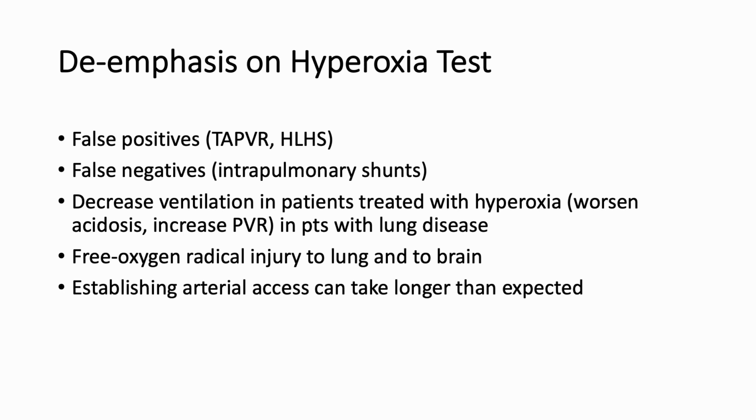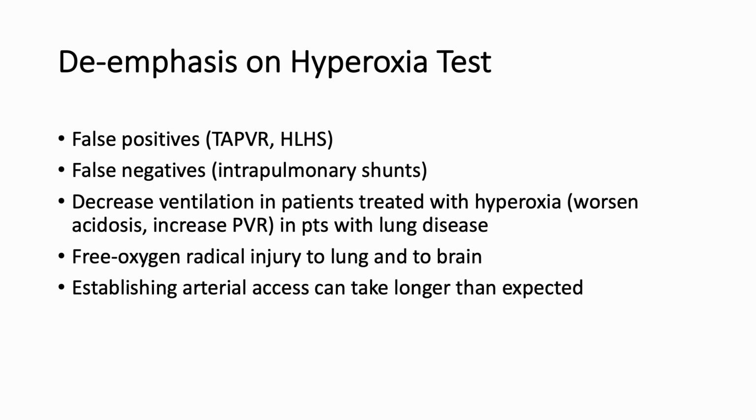When we initially presented these slides a few years ago, we got feedback from some of our neonatologists that overall there has been a de-emphasis on the hyperoxia test. There's a case for false positives due to TAPVR, total anomalous pulmonary venous return, and HLHS, hypoplastic left heart syndrome. There could be false negatives due to intrapulmonary shunts.